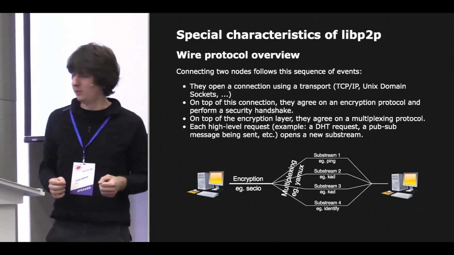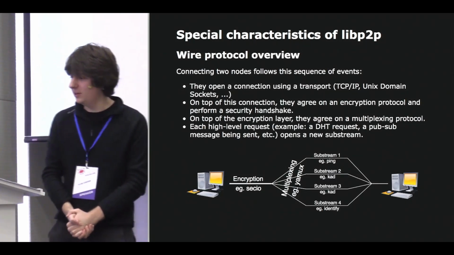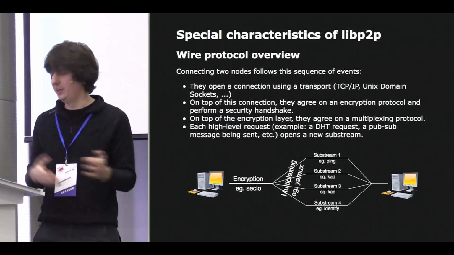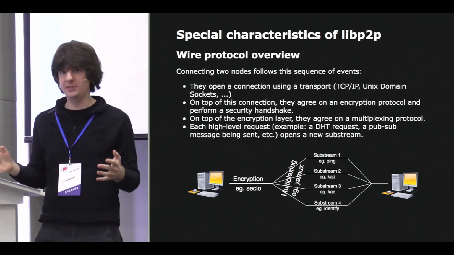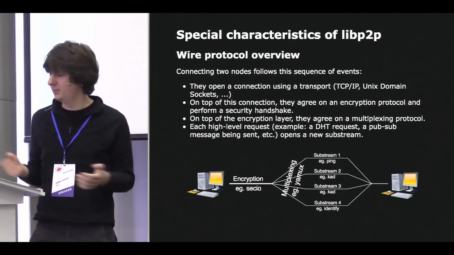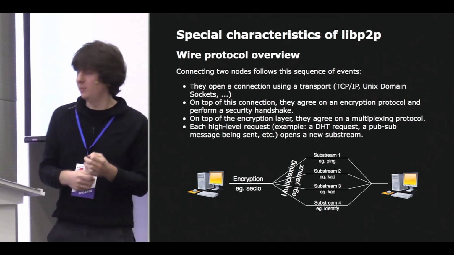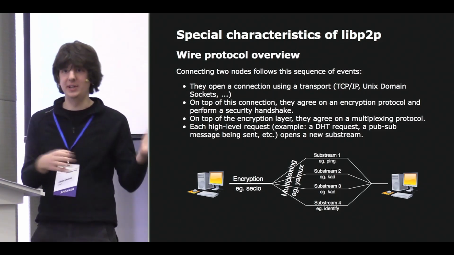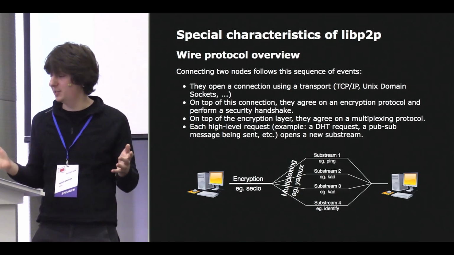Here is an overview of the protocol on the wire. So what happens when two nodes connect? They use a transport, a multi-address, to decide how to connect to each other: TCP/IP, WebSocket, what I just explained. Then once they connect, they negotiate an encryption protocol to make sure that their peer ID is correct.